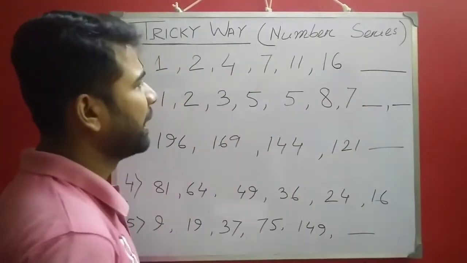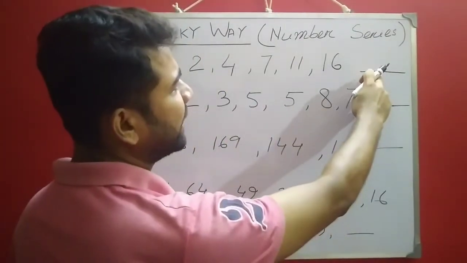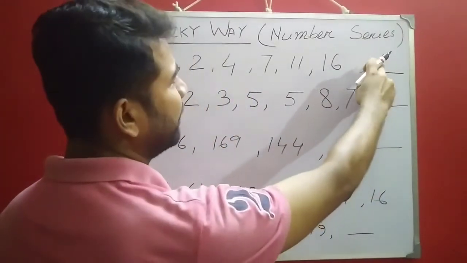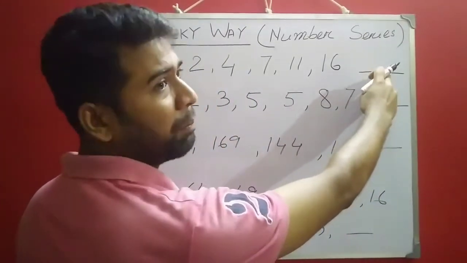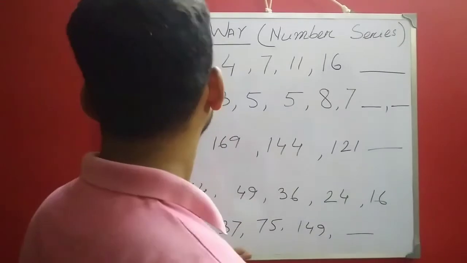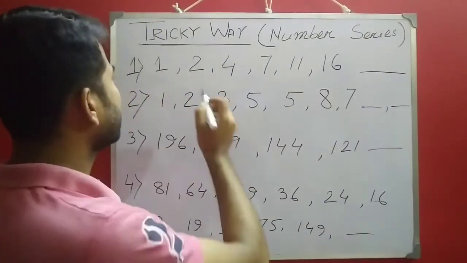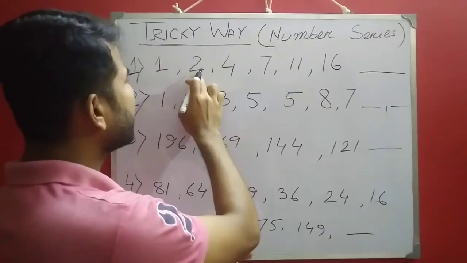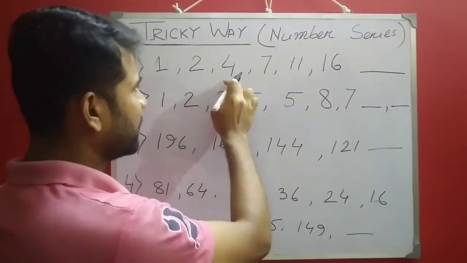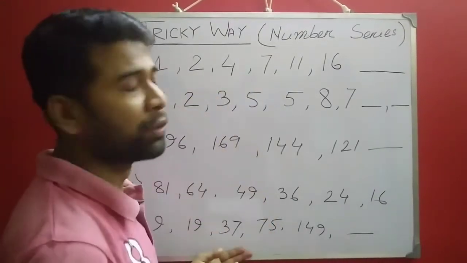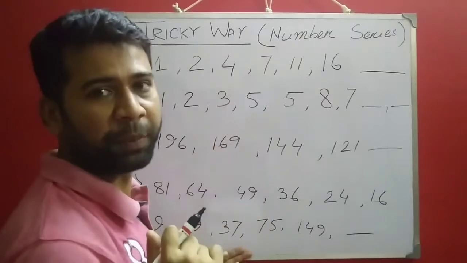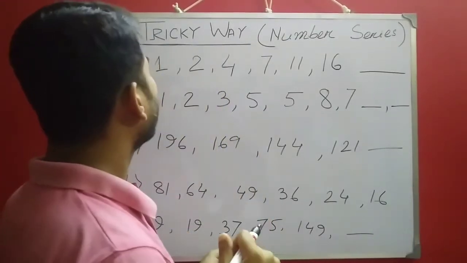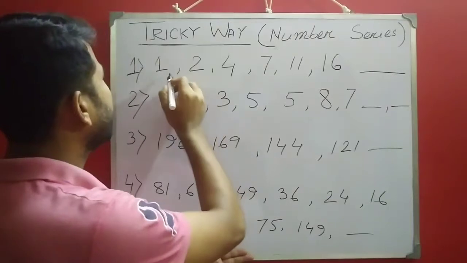This is the example and we have to find the next value for this blank. The first value is 1, the next value is 2, and then 4. So it is an increment operation, incrementing by a small number.